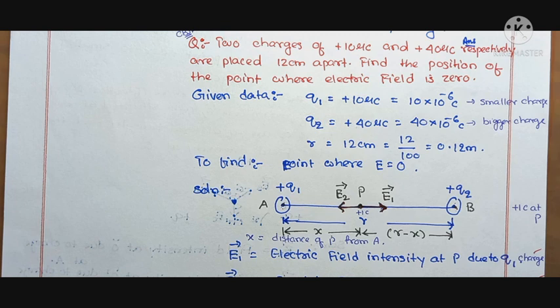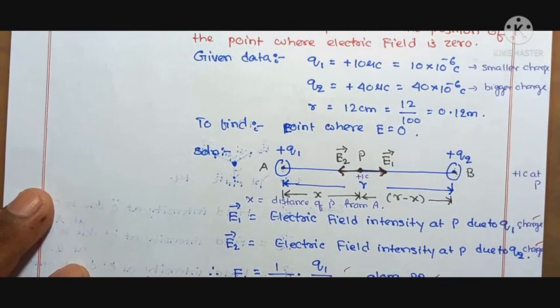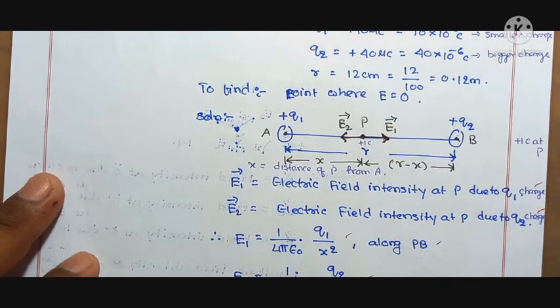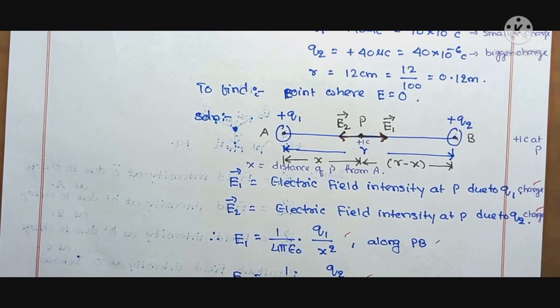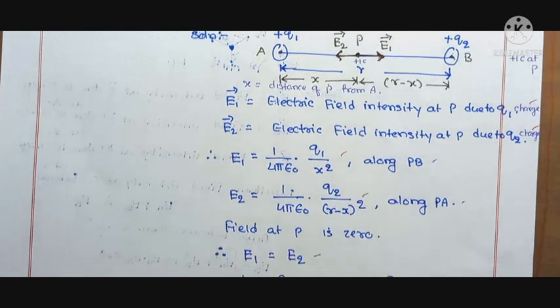So to find the position of the point where electric field is 0, that means when these two electric fields are equal, at that time we will get the neutral point. So the field at P will be 0 when E1 is equal to E2.